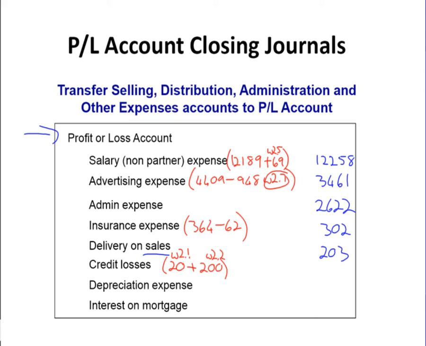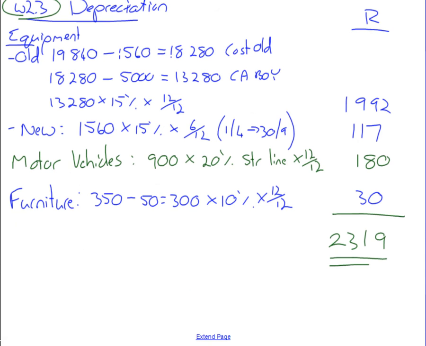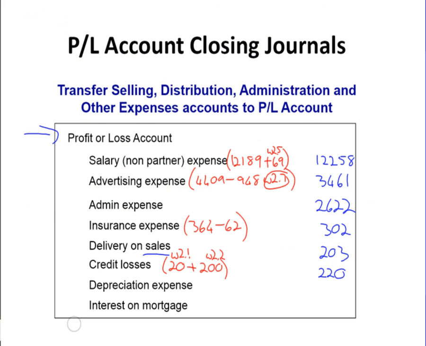So that gave me a total of 220. Depreciation expense, let's have a quick refresher on what we did there. Depreciation expense was 2319. And let's just reference that to working 2.3. We did all of them together.